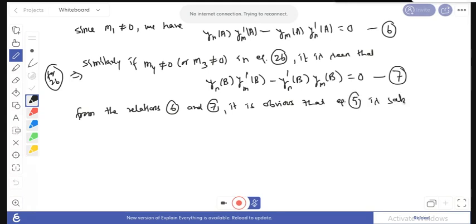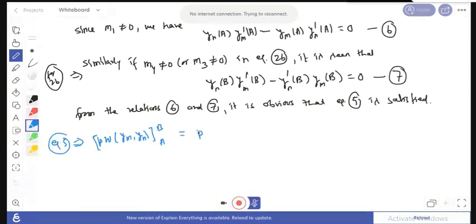See how it is satisfied. Equation 5 says that P of the Wronskian of yn and ym at AB equals P at B times the Wronskian of this thing.